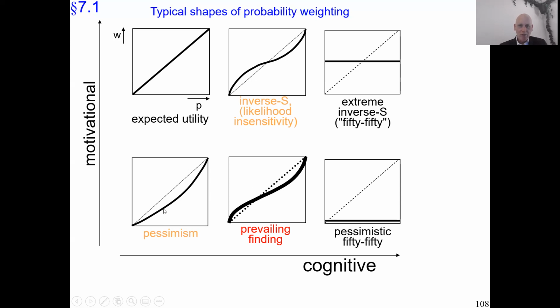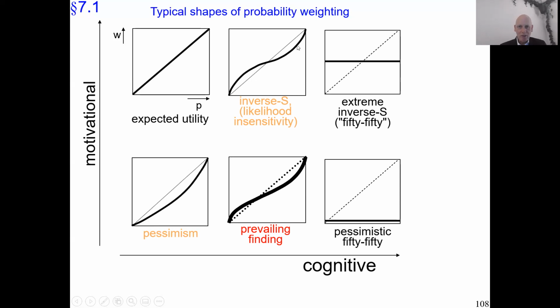And maybe if you compare a bit the effect of pessimism and this insensitivity for the small probabilities, they are opposite. Pessimism makes you underweight, insensitivity makes you overweight. But you find a combination, but there remains a bit of overweighting. So usually the small probabilities are still overweighted a bit, but then the middle and the large probabilities are underweighted, and the underweighting is quite stronger than the overweighting.